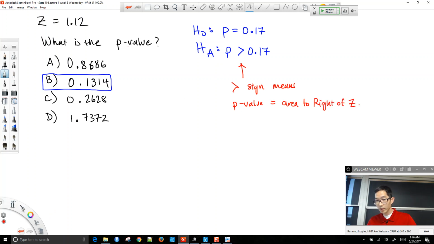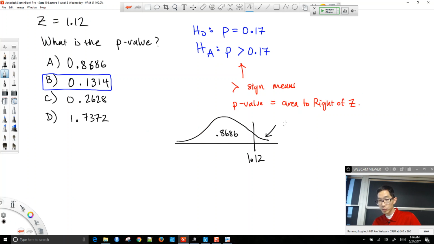When you look up 1.12, you find the area to the left is 0.8686, which means the area that we want over here is 0.1314. We want the area to the right.